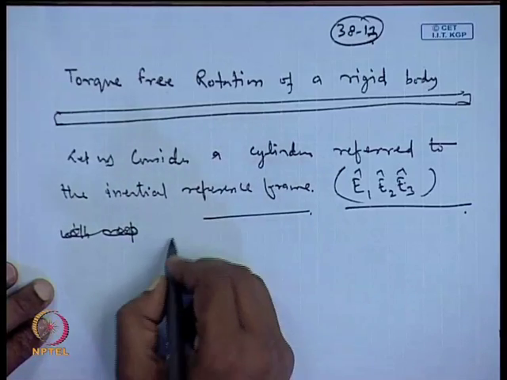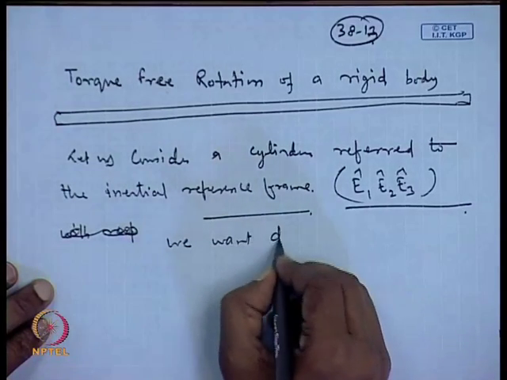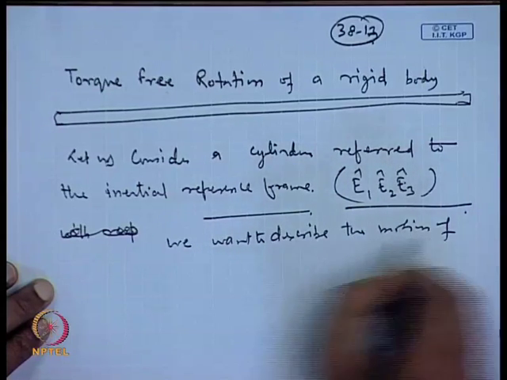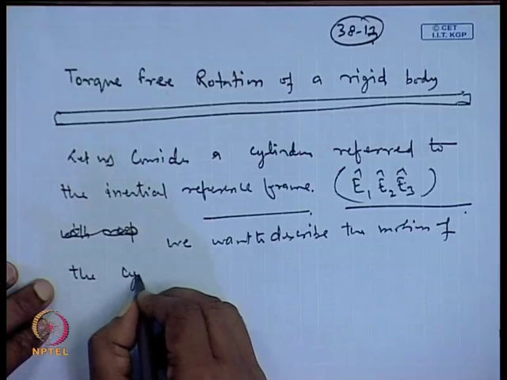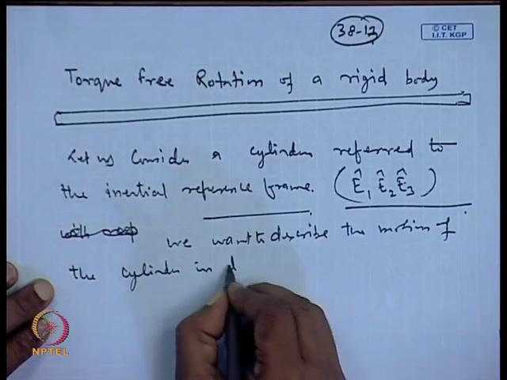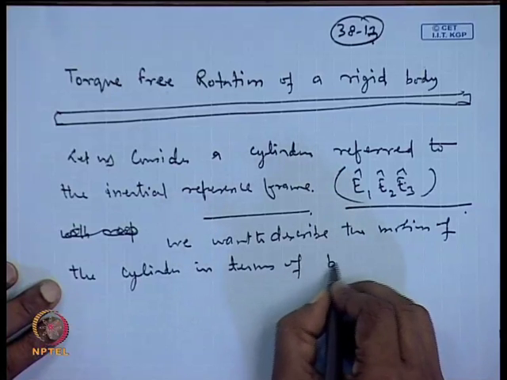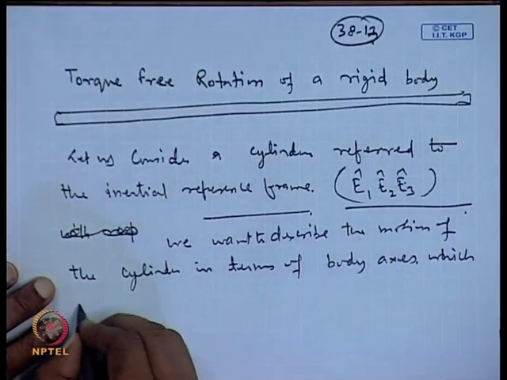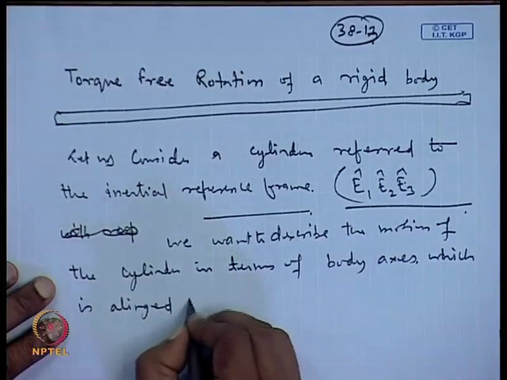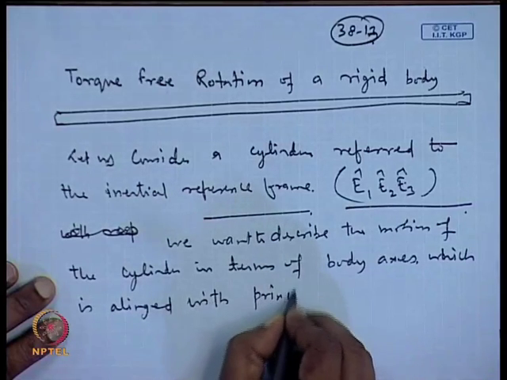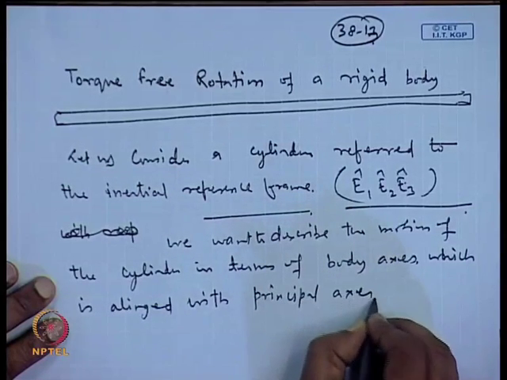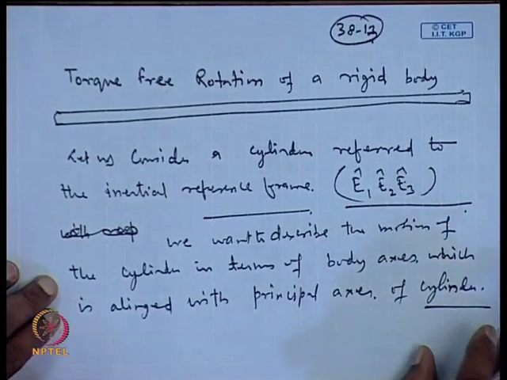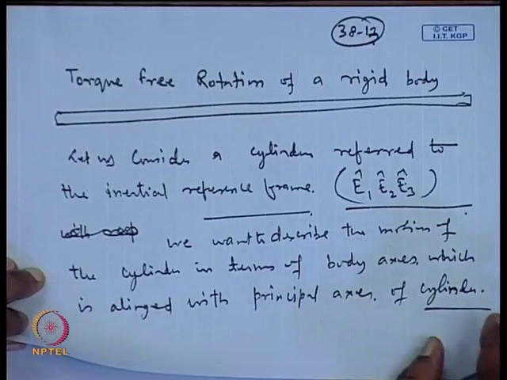We want to describe the motion of the cylinder in terms of the body x, which is aligned with the principal axis of the cylinder.